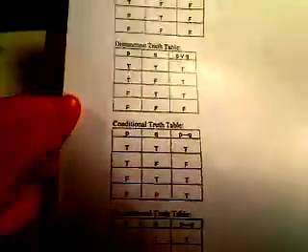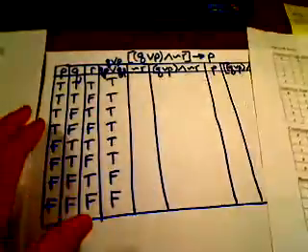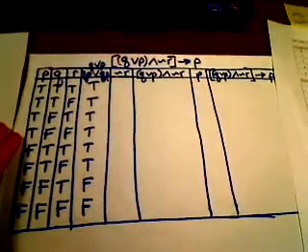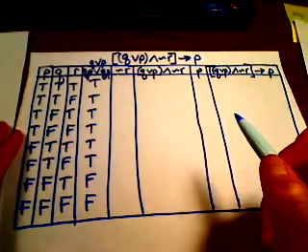I'm getting that from the disjunction truth table, which we did out in your notes. There we go. So notice that the disjunction is only false when both of them are false, and every other combination it's true. That's where I'm getting these true-false values there.